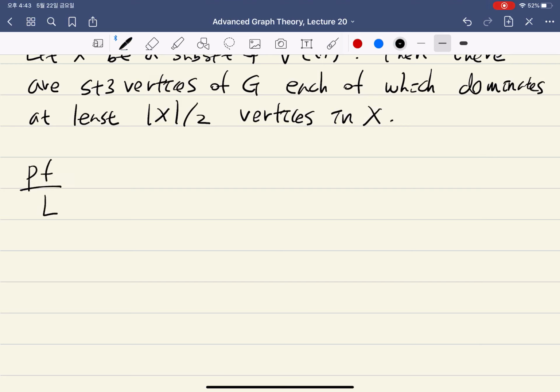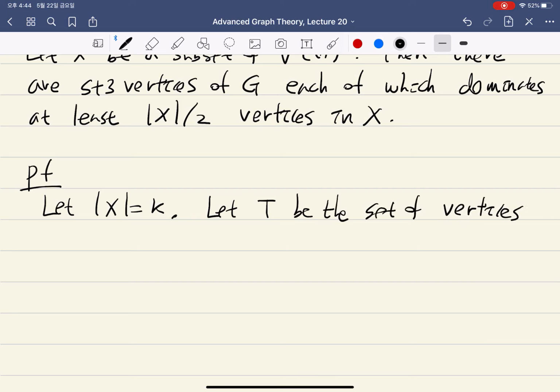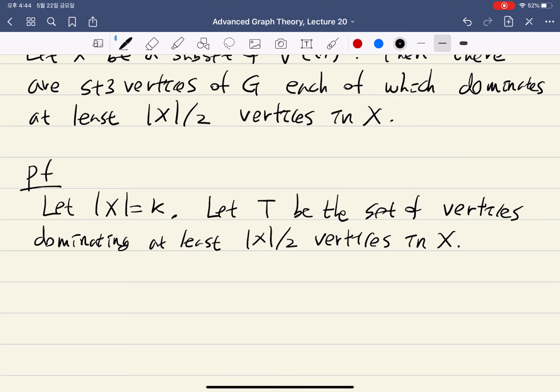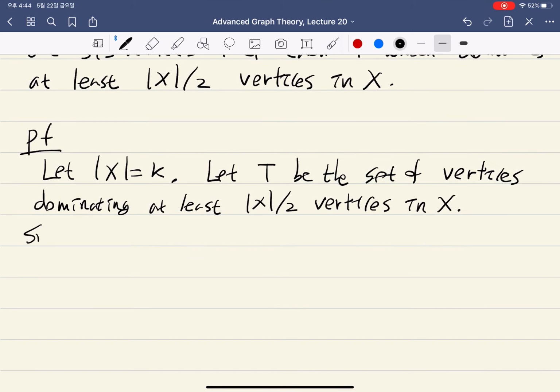Let's prove this. Let's say X has exactly k vertices and T is the set of vertices which dominate at least half of the vertices in X. That's the vertex set that we are interested in.